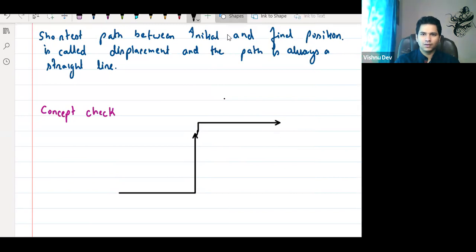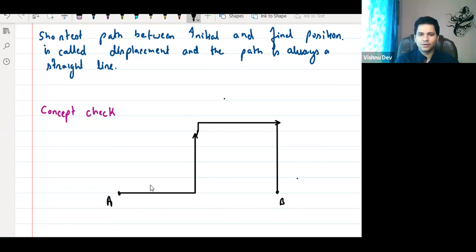Think about it. Right? This is point A, this is point B. So a person is traveling from A to B using this path.